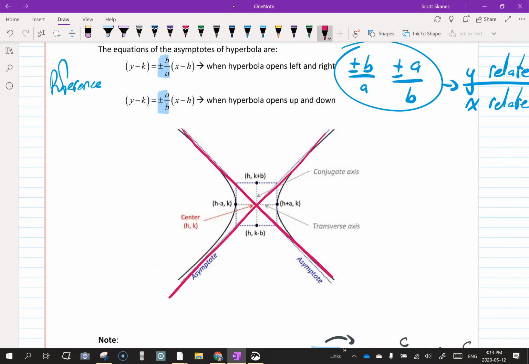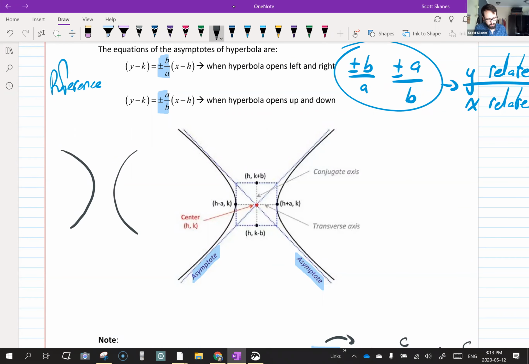And the black one is the hyperbola. Okay. So the asymptotes are those lines. The hyperbola itself is, of course, what we've been talking about this whole time, these. Those are the hyperbola. These are the asymptotes, the ones that they try to touch, but they never do.